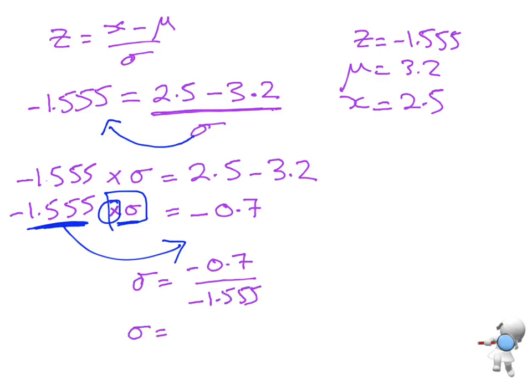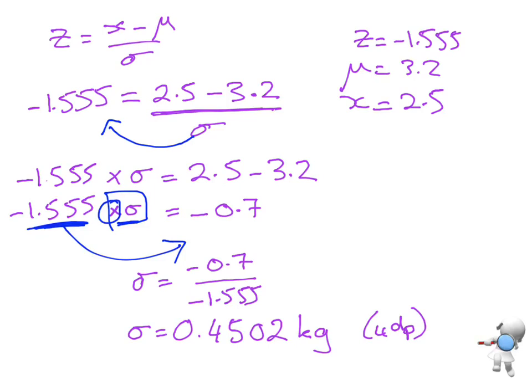And I'm going to get my calculator out and just type that in. And that is going to give me an answer of 0.4502. And that is to 4 decimal places. And that there is my standard deviation in kilograms.